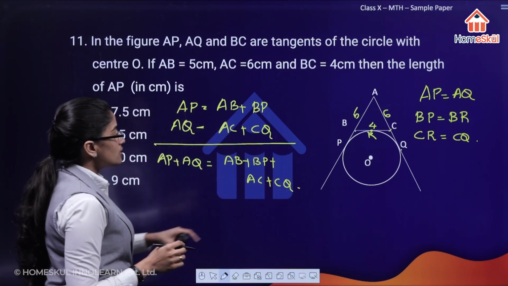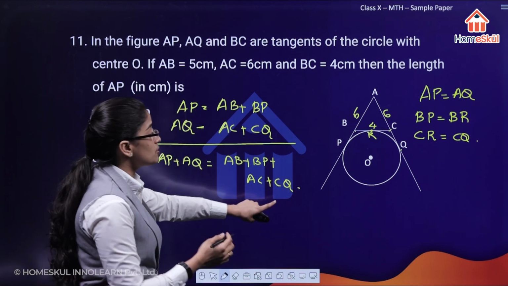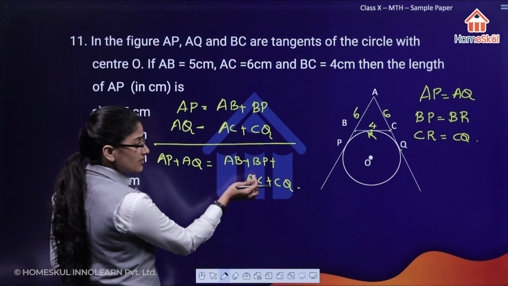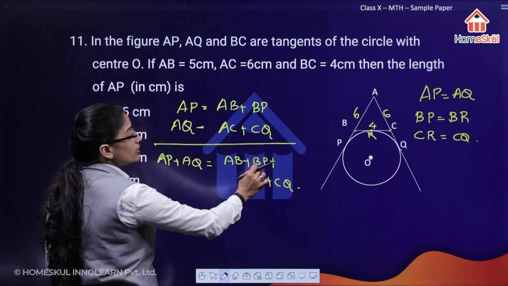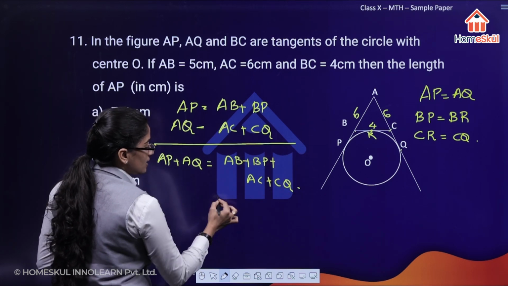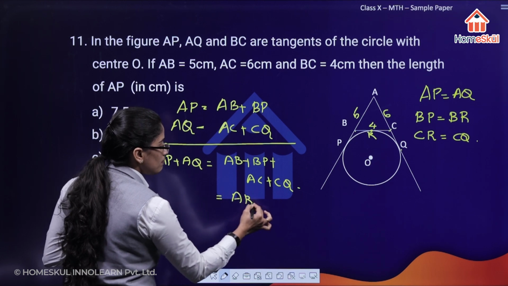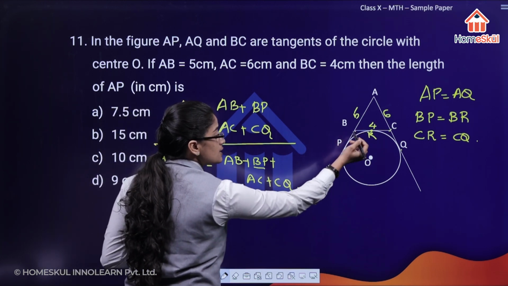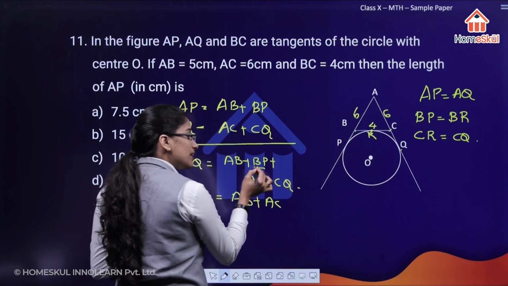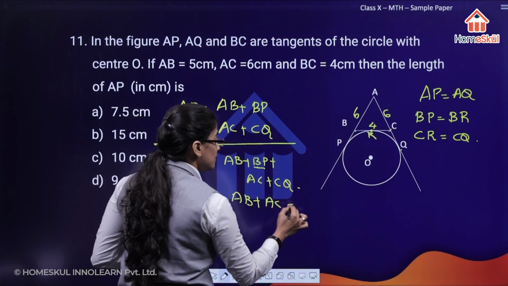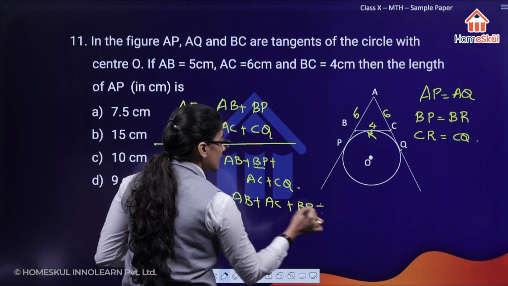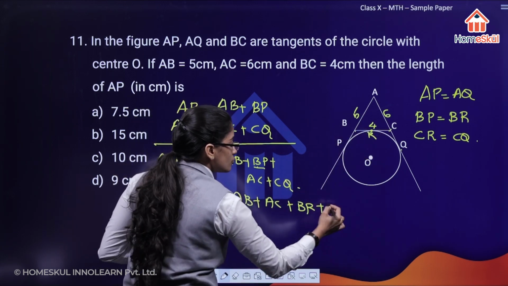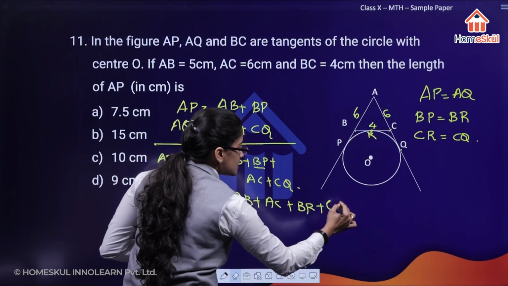Here, instead of CQ, we could substitute CR. And instead of BP, we could substitute BR, since BP is equal to BR, and CQ is equal to CR.